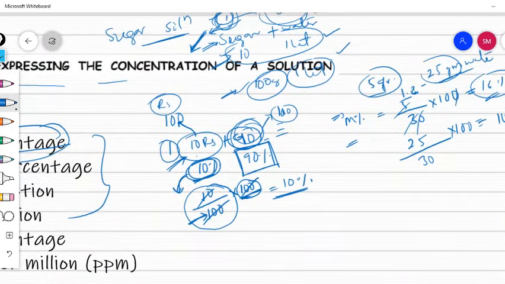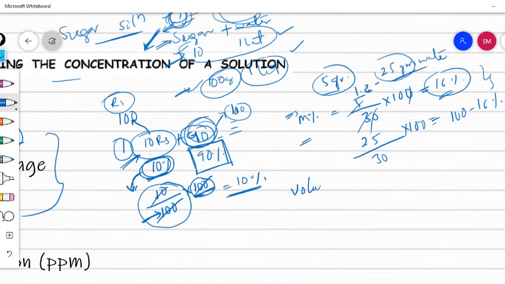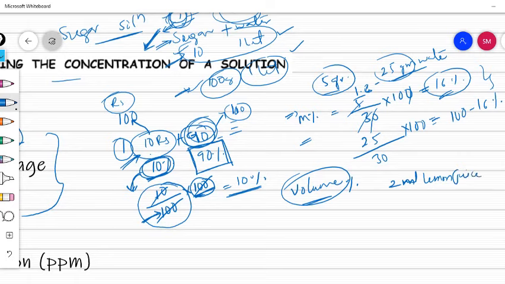volume percentage. The method is the same as for mass percentage. Let's say I have taken 2 ml of lemon juice dissolved in 10 ml of water.